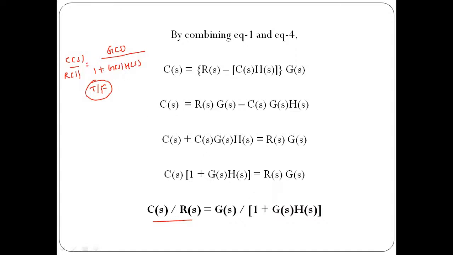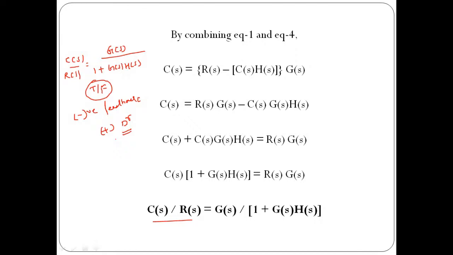So you have to remember this: because we have taken a negative feedback system, that's why we get the plus sign in the denominator polynomial of the transfer function, 1 plus. The same system you can solve by taking a positive feedback system. For positive, you will get a negative sign in the denominator polynomial of the transfer function. So this formula you have to remember.